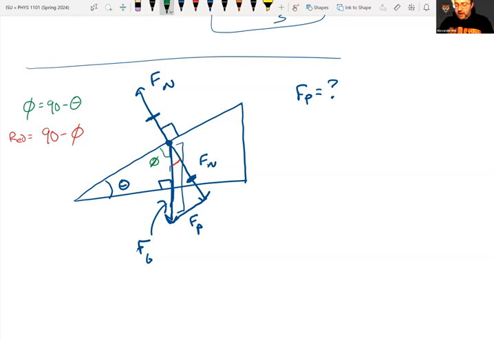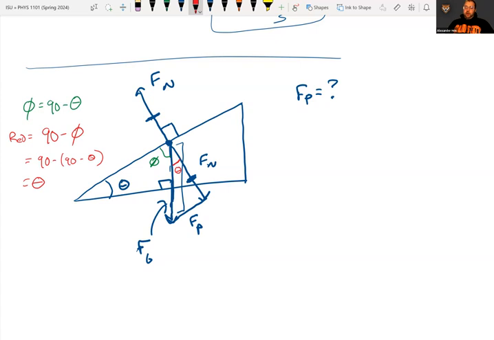If I combine these two angles, that makes another right angle because this line with F sub n is making a right angle with that slanted surface. Now, the point there is then you have 90 minus 90 minus theta. And so your red angle is also theta.